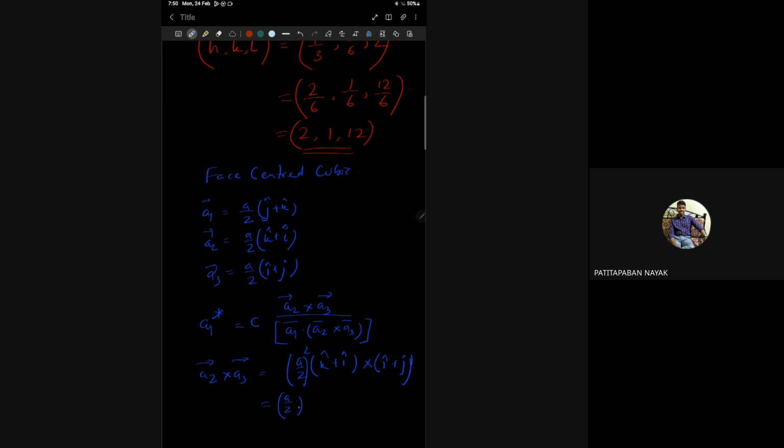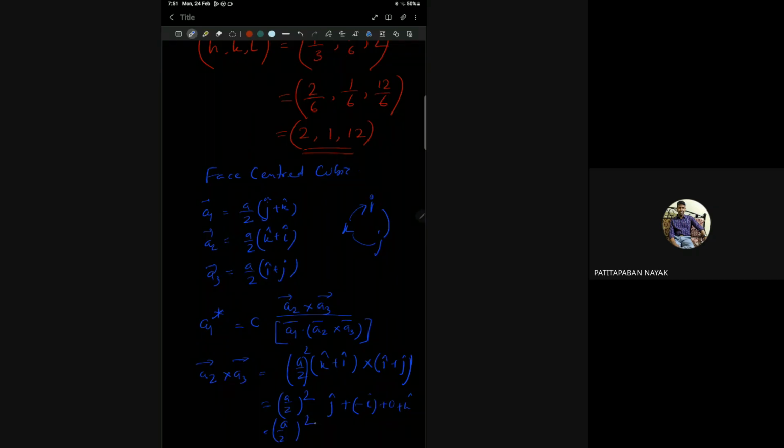So A by 2 square, K cross I will be equal to J cap, plus K cross J, which will be equal to minus I cap. Then I cross I is 0, and I cross J is K cap.